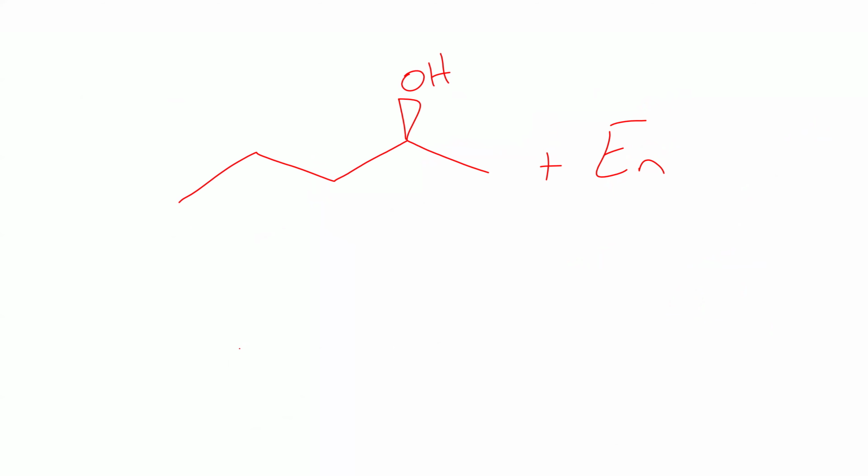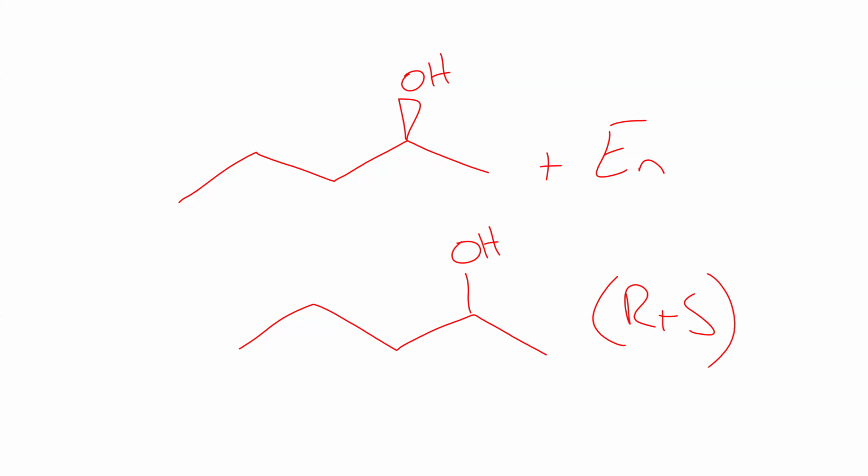I've seen it more often like this, where it's just labeled R plus S. Both of those are saying the same thing. Like I said, I typically use this version, but if you see it in a textbook, the top version is saying the same thing.